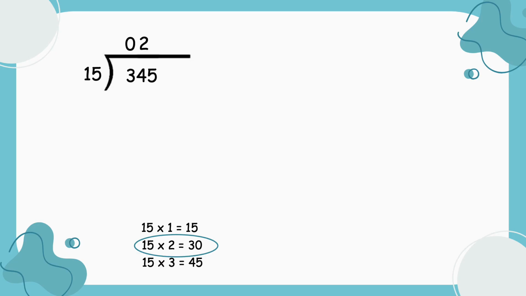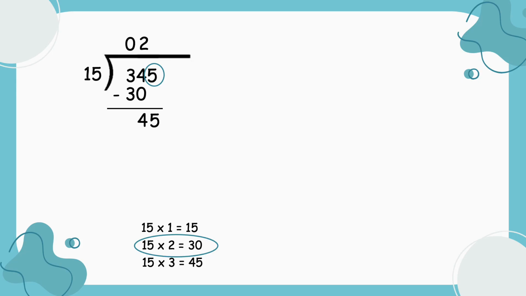Then subtract 34 minus 30 equals 4. Bring down 5 beside 4 to become 45. Now ask again, how many times does 15 go into 45?